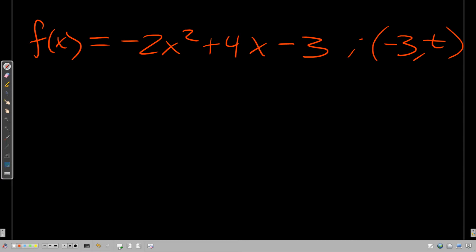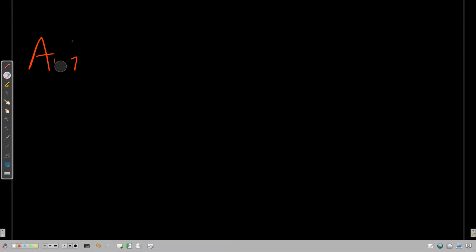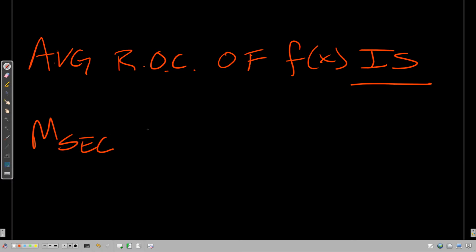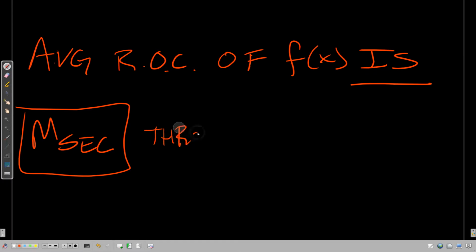The average rate of change of a function f of x is the slope of the secant line through the 2 points.